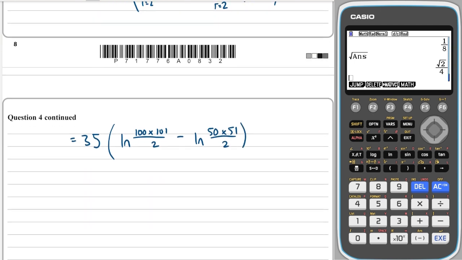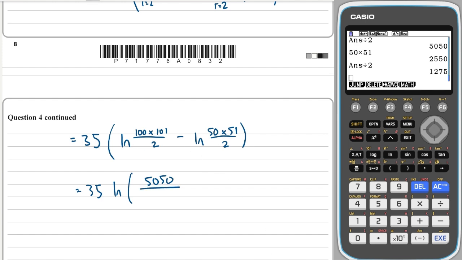Okay, we've got these ln rules here. We can combine them to get 35 lots of ln. Well, first off, let's work out what is 100 times 101 divided by 2. So it's 5050. And then we've got 50 times 51 divided by 2, and that will be all over, because we're combining these lns.